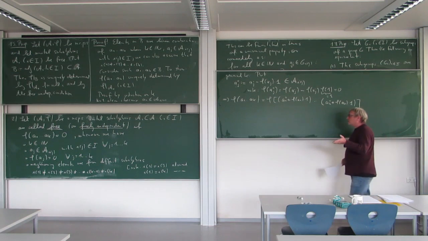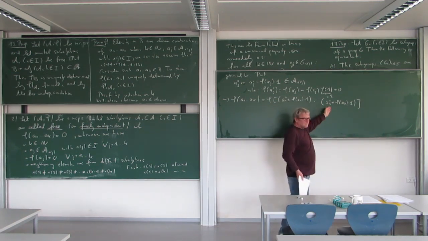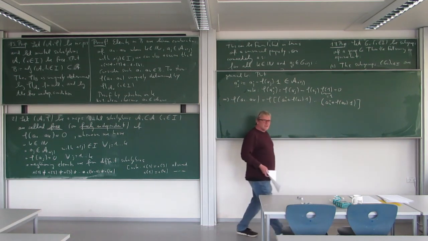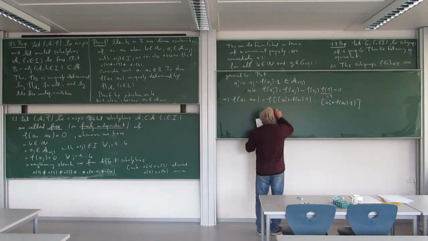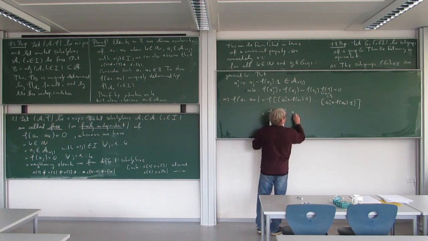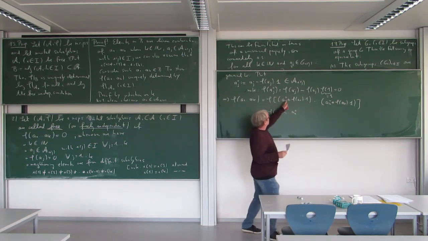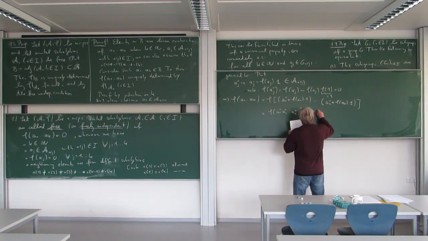I multiply this out, and I will get one term which has the length k, but there I'm just multiplying the centered guys. So this is phi of a_1 0 times a_2 0 and so on up to a_k 0. So here I take all those centered guys, and then I get plus the rest.